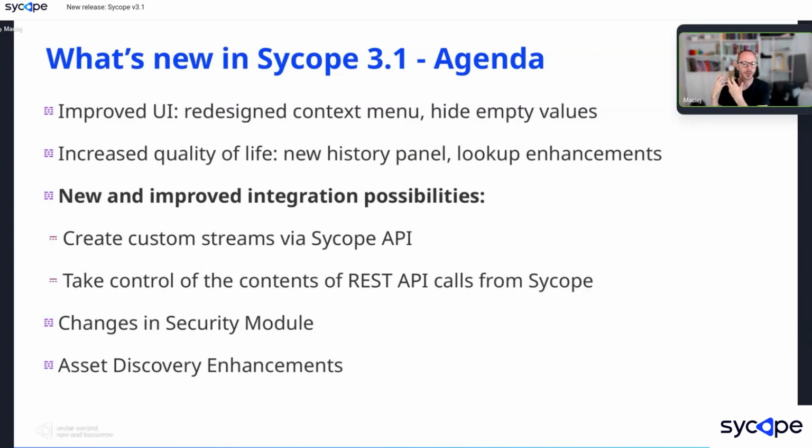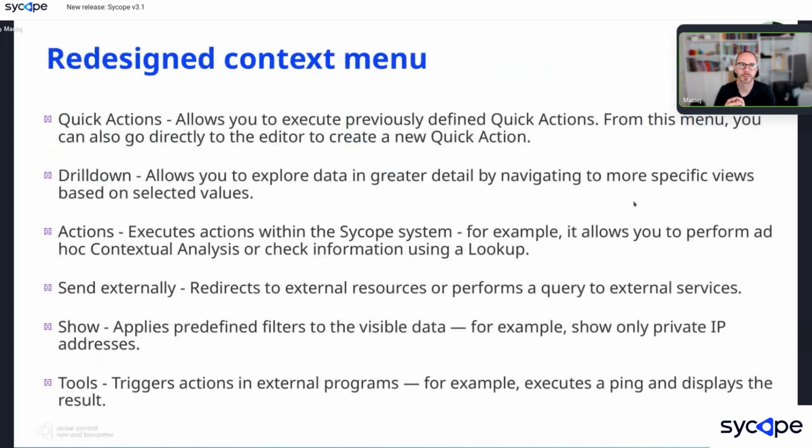Or the other way around, you can take full control of the body of the REST calls made by Sycope to external APIs when an alert is triggered or for some other reasons. We obviously have some new improvements in the security model and enhancements in asset discovery models, and I will hopefully talk about it later on.